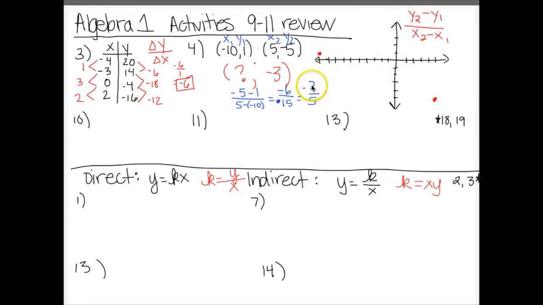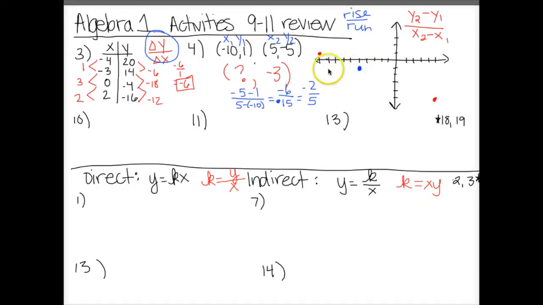Remember that the other thing slope is, is rise over run. So we've reviewed all the major ones: delta y over delta x, rise over run, and y2 minus y1 over x2 minus x1. This means go down 2 and right 5. So down 2, right 1, 2, 3, 4, 5. There's a point.